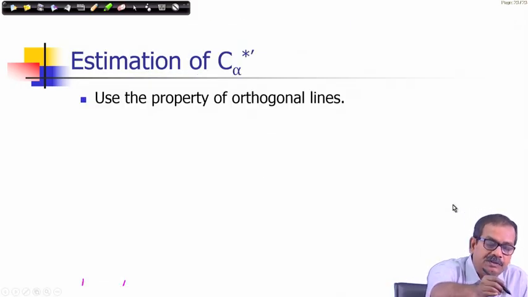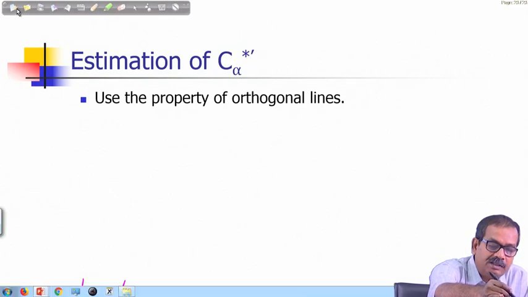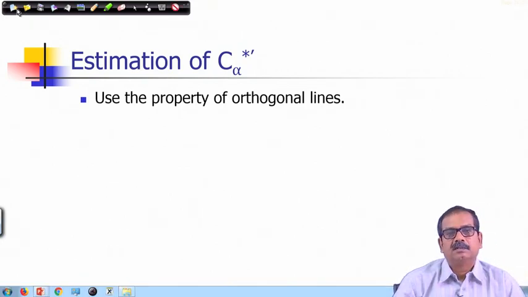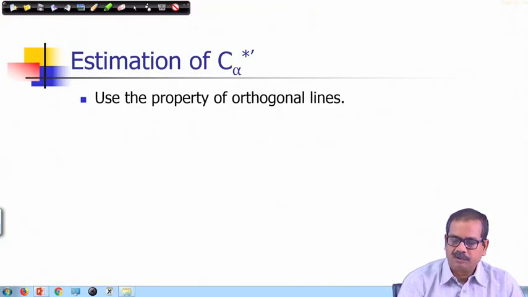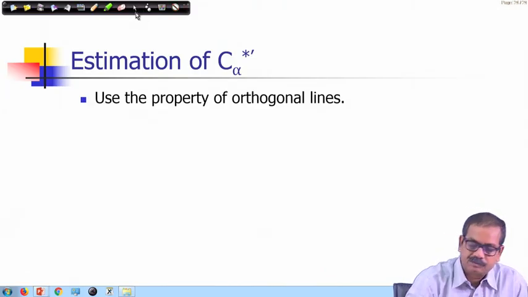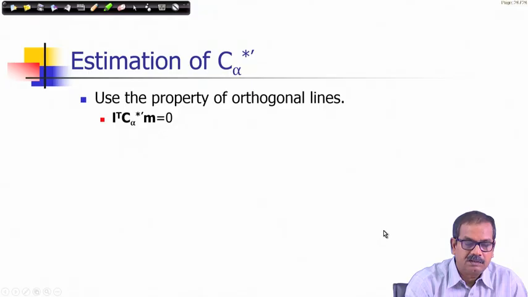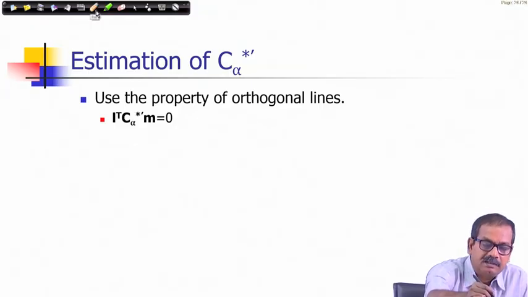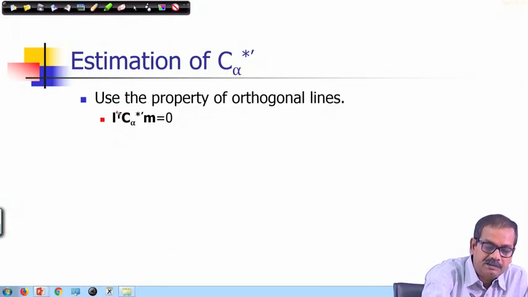First, we need to estimate this C infinity star prime, that means the dual line conic at infinity under transformation, and we will be using this property of orthogonal lines. I would consider that these are transformed lines.